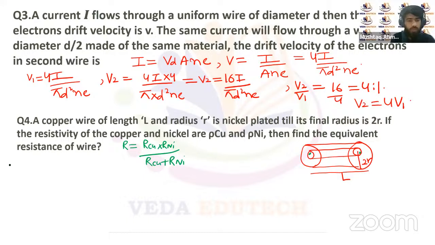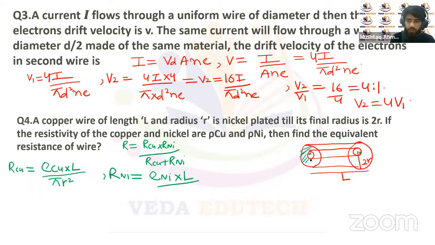Now talking about the RCu, it will be the resistivity of the copper wire multiplied by the length, that's L, upon the area of cross section. Now the area of cross section of the copper wire is pi r square. Now calculating the resistance of nickel wire, it will be resistivity of nickel, that is rho Ni, multiplied by the length. Now the area of cross section of the nickel wire will be this area only.